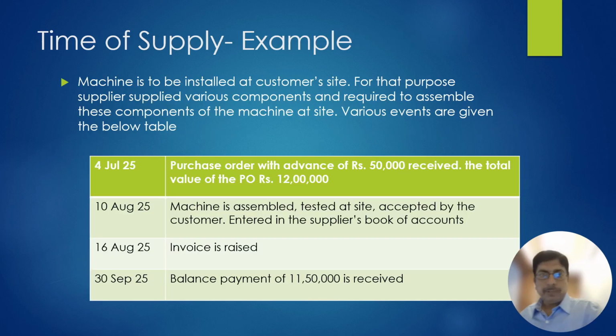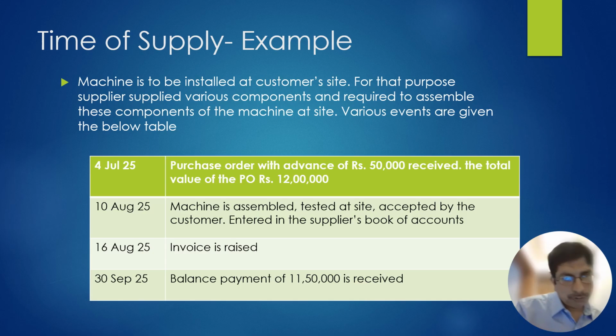Let's take one example relating to the time of supply. A supplier has received a purchase order of rupees 12 lakh. Along with that, he received 50,000 rupees advance to supply various components, and these components need to be assembled at the customer side.